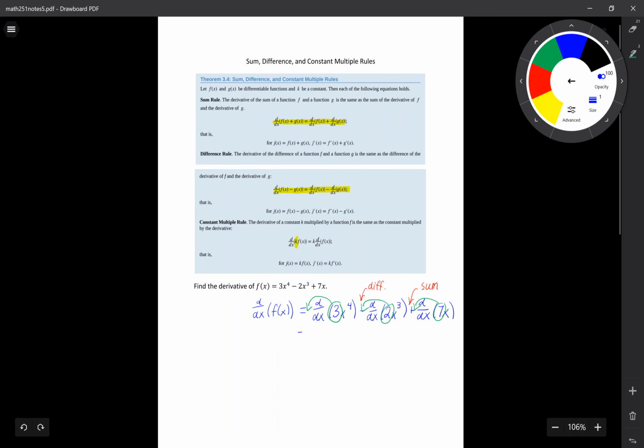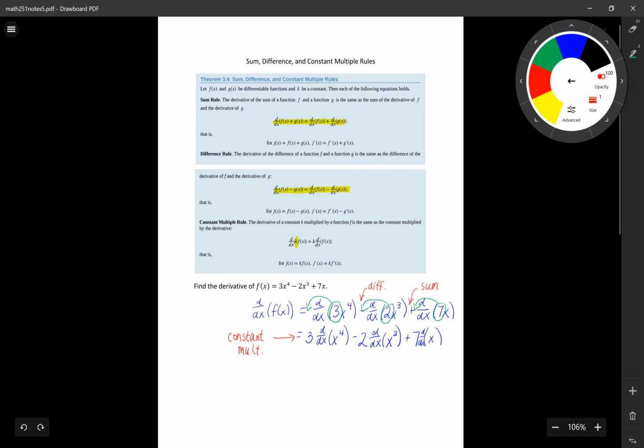So we can rewrite this as 3 times the derivative of x to the power of 4 minus 2 times the derivative of x to the power of 3 plus 7 times the derivative of x. So this step was the constant multiple rule. We can just bring all of those constants out in front.